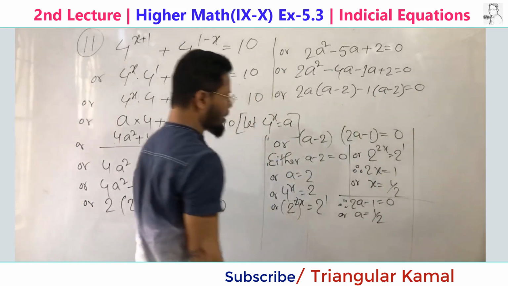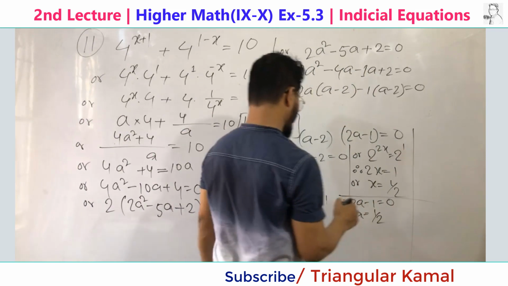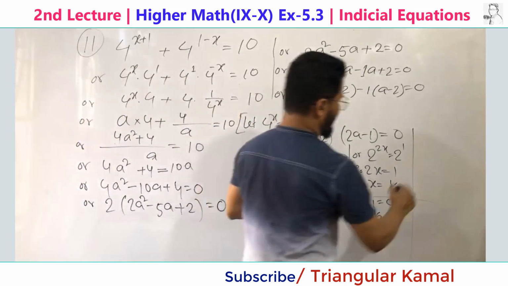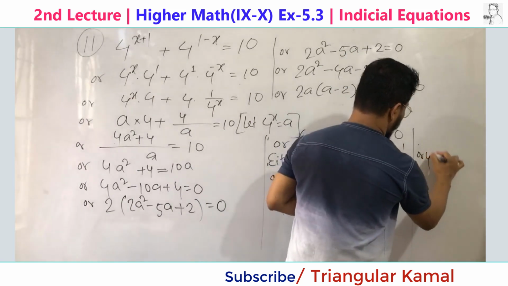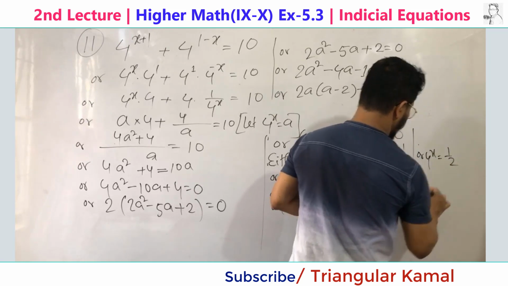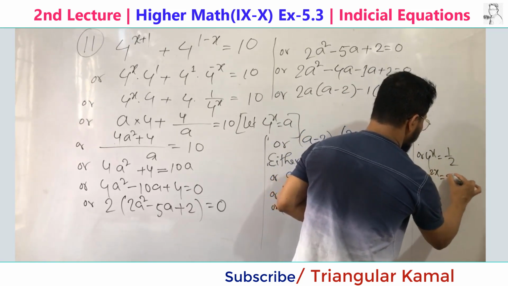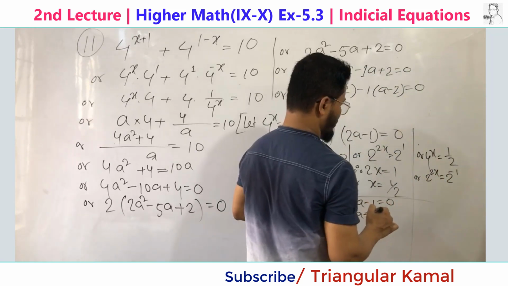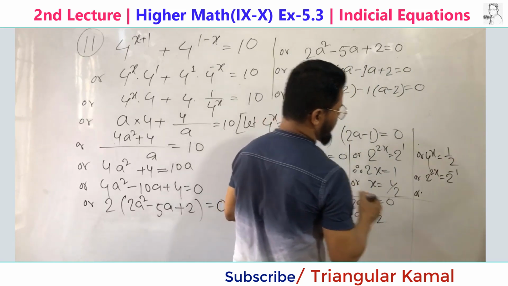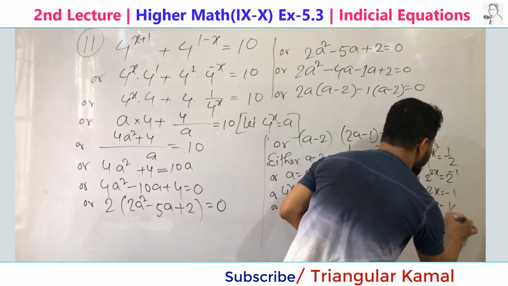The value of a is 4 to the power x, so 4 to the power x equals 1 by 2, or 2 to the power 2x equals 2 to the power minus 1, 2x equals minus 1, or x equals minus 1 by 2.